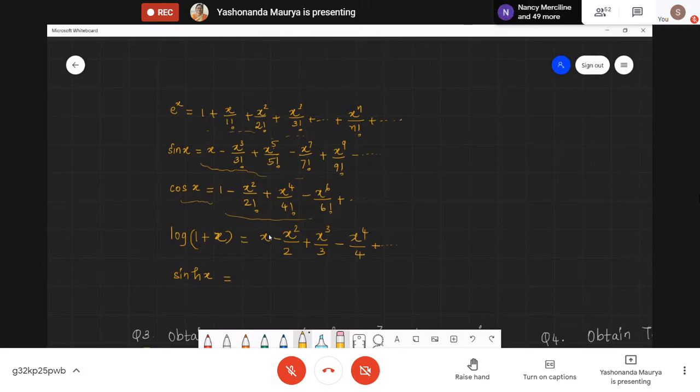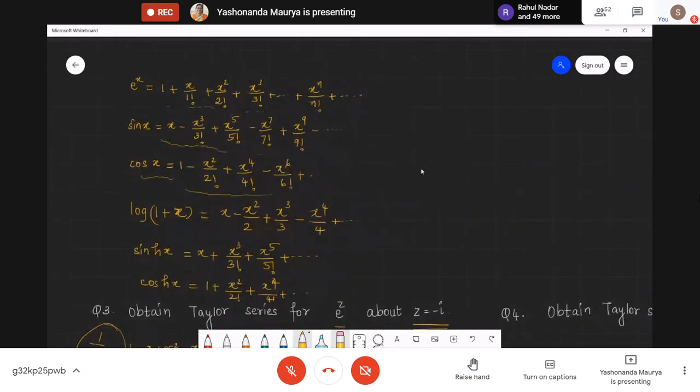So the sine hyperbolic x expansion is x plus x cube by 3 factorial plus x raised to 5 upon 5 factorial and so on. Cos hyperbolic x is equal to 1 plus x square by 2 factorial plus x raised to 4 by 4 factorial and so on. Okay, and others we have already seen.